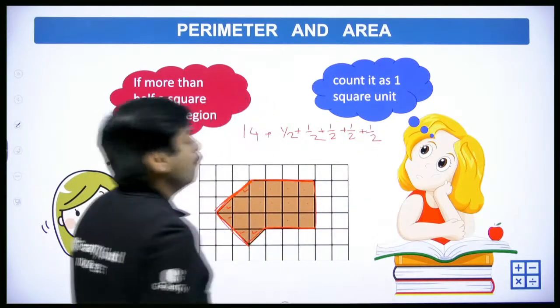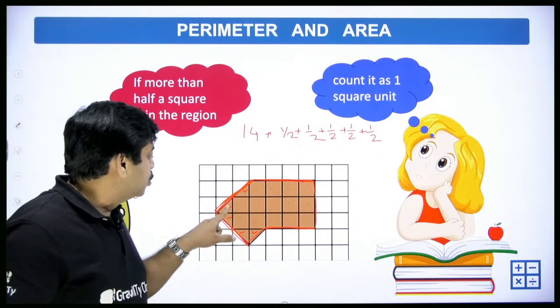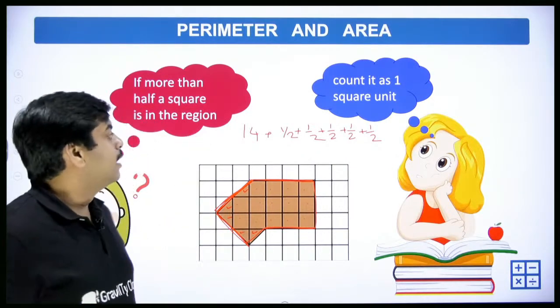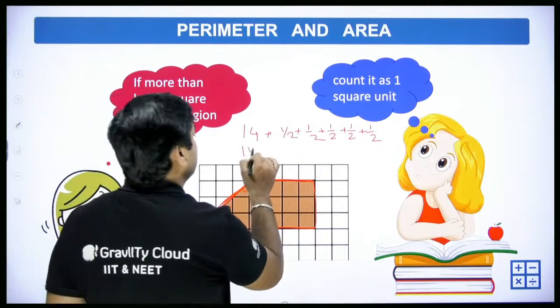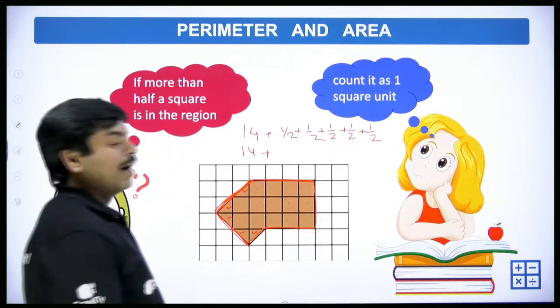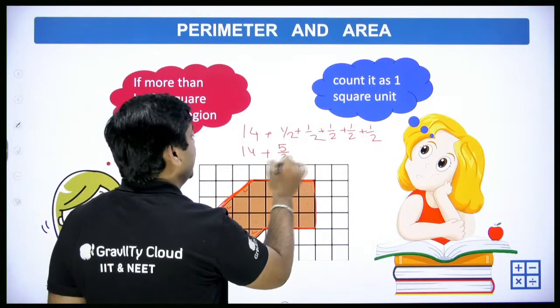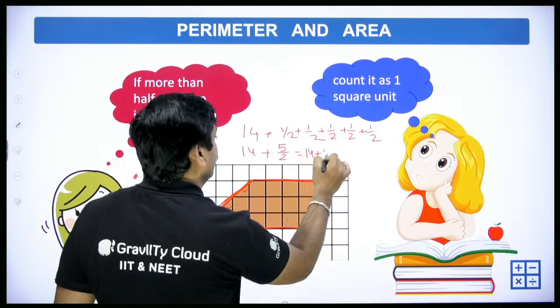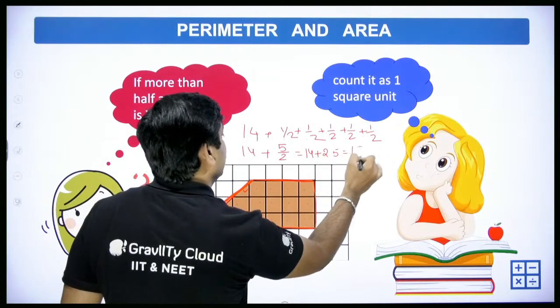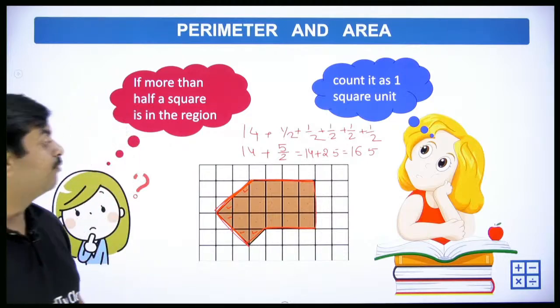Once again, let me count the half boxes: 1, 2, 3, 4, 5. So 14 plus 1 by 2 five times gives 5 by 2. 14 plus 5 by 2, which is 14 plus 2.5, which is 16.5.